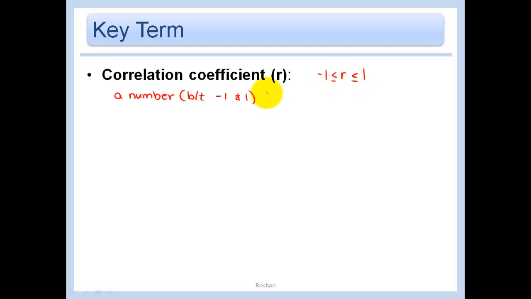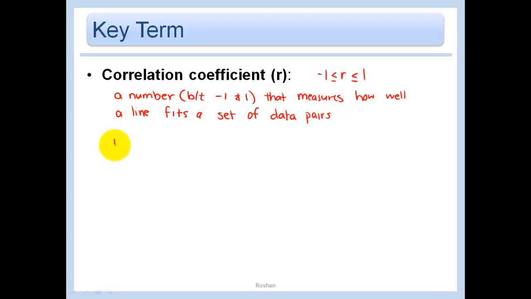It measures how well a line fits a set of data pairs. Now, if it is an R value near 1, then it's a positive slope, and it would be a good fit for the data pairs that you've graphed.